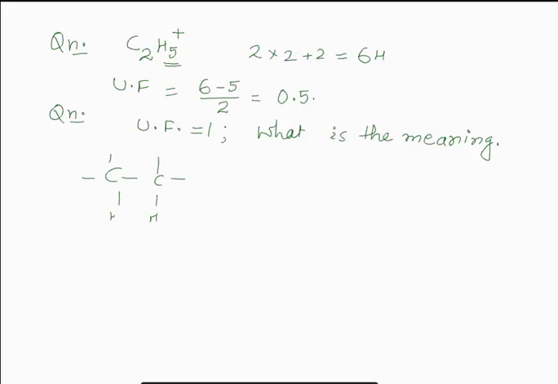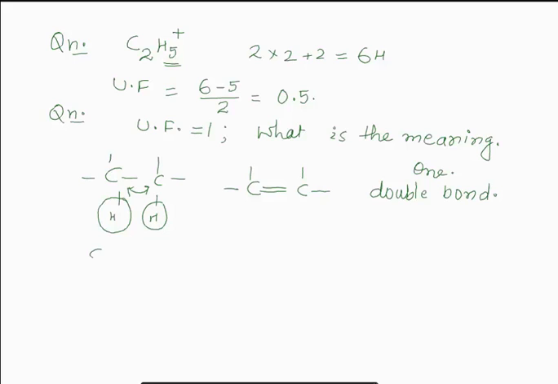So let us say we have hydrogen and hydrogen. We can remove this hydrogen and we can connect these 2 bonds. So we'll have a double bond between 2 carbon. So unsaturation factor 1 means possibly we will have a double bond. So this is 1 double bond.